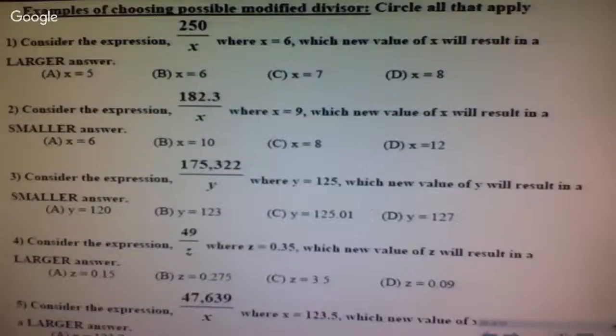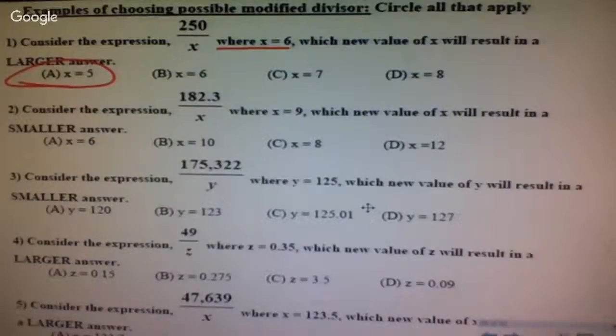All right. So right now, I'm dividing by 6. I want my answer to get bigger, so I need to divide by numbers that are smaller than 6. So my only choice here would be 5. You said smaller than 6, right? Yes. Okay.